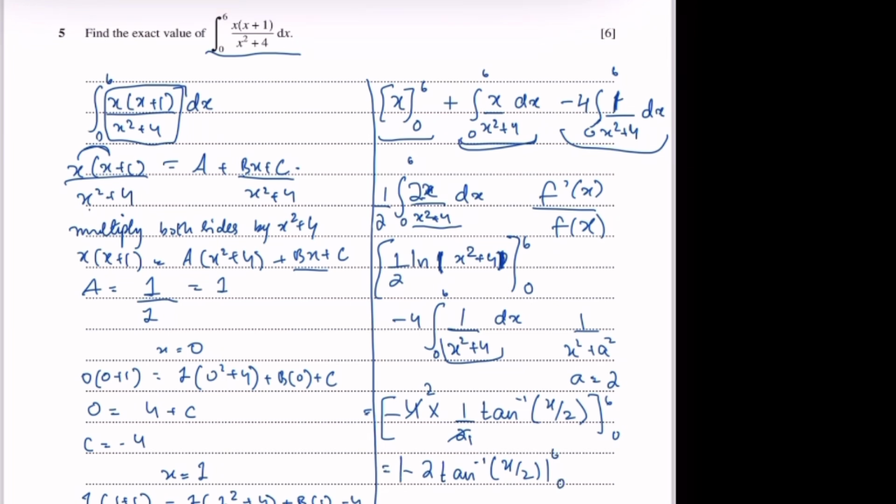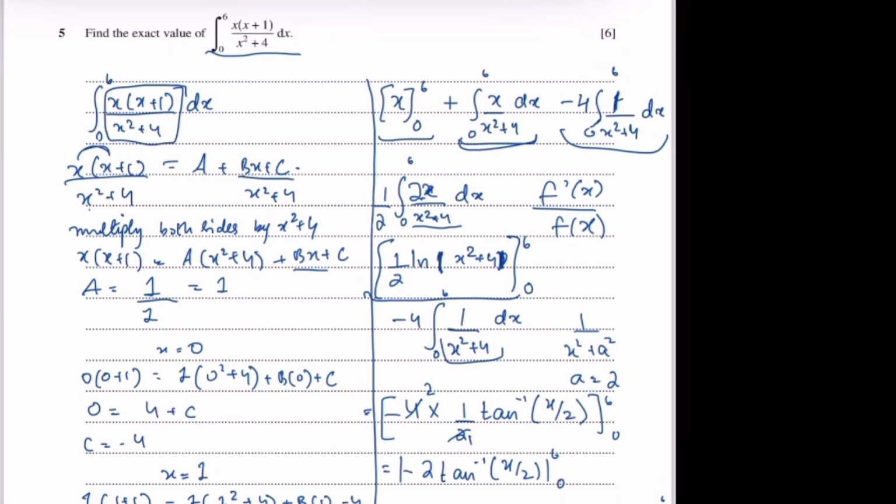So now I can combine all of them together: x plus half ln of x squared plus 4 minus 2 tan inverse of x upon 2 within the limits 6 and 0. First I put 6 in all of these x's and then I subtract.